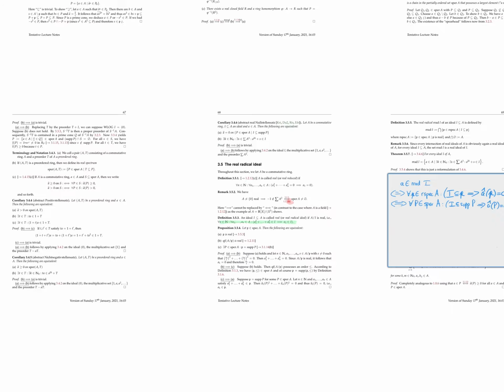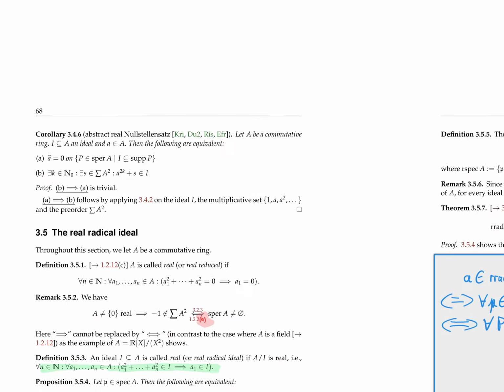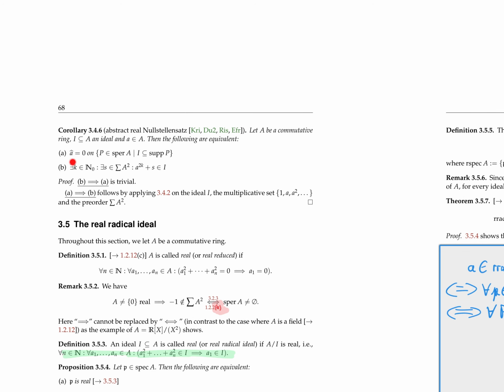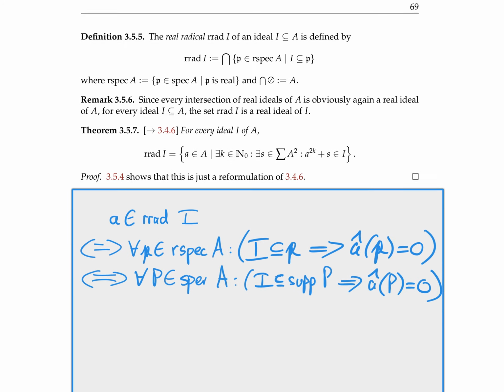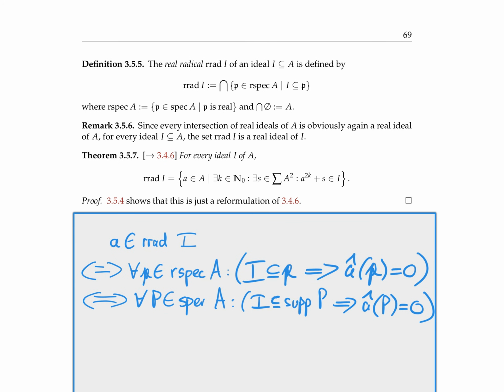And now look at the abstract real Nullstellensatz. That's exactly equivalent to an even power of A plus a sum of squares lies in I. And that's exactly what's written here.